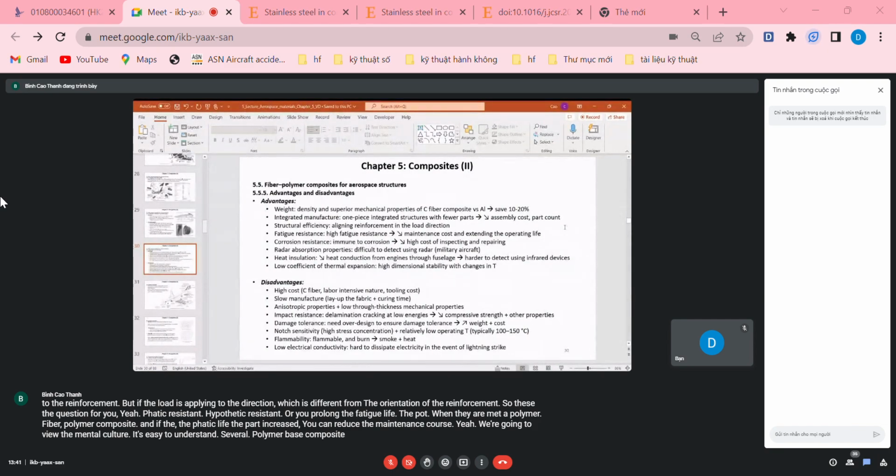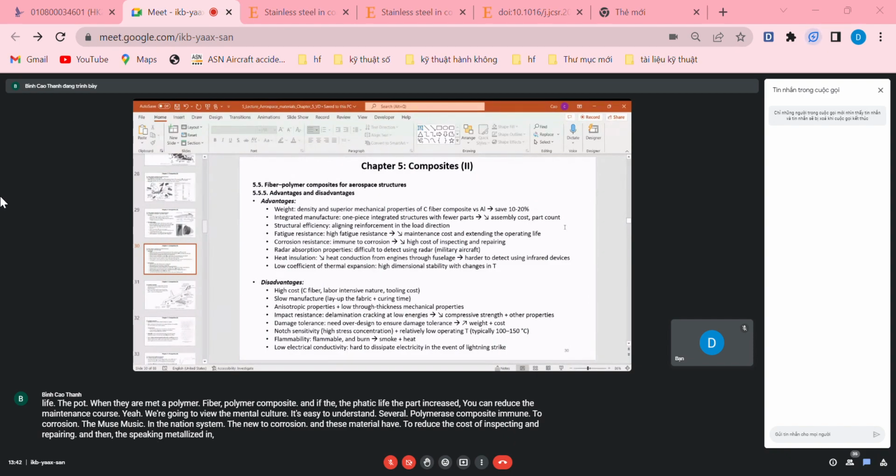Several polymer-based composites are immune to corrosion, and these materials help to reduce the cost of inspecting and repairing.